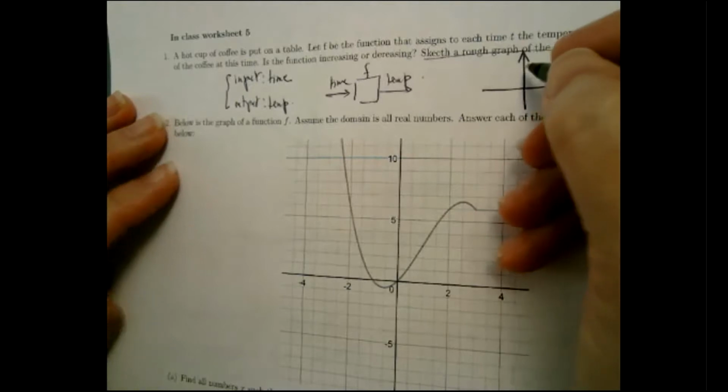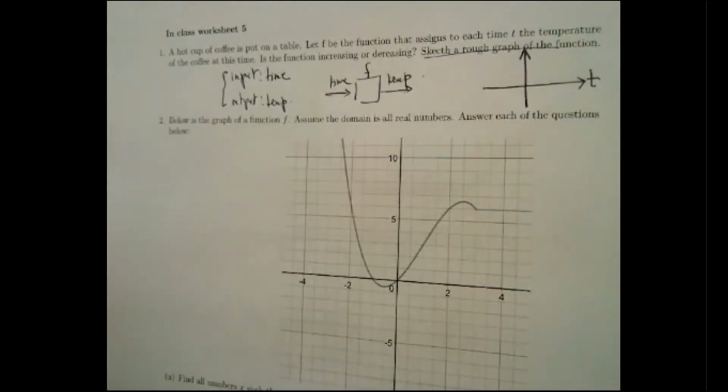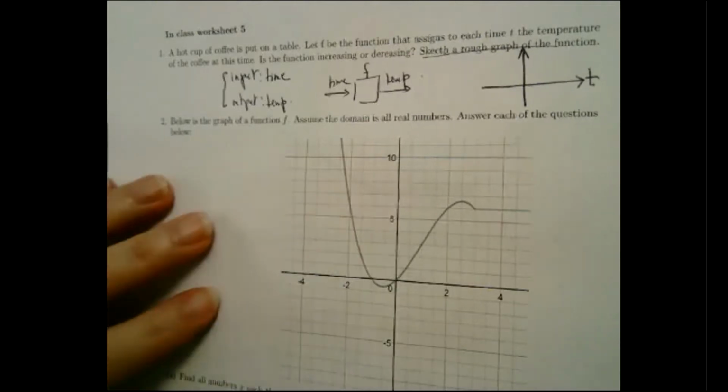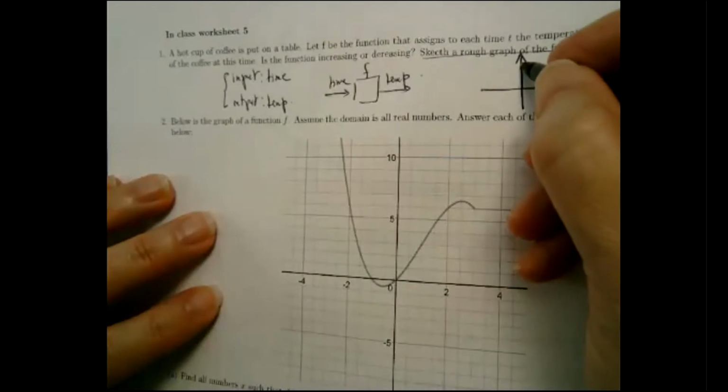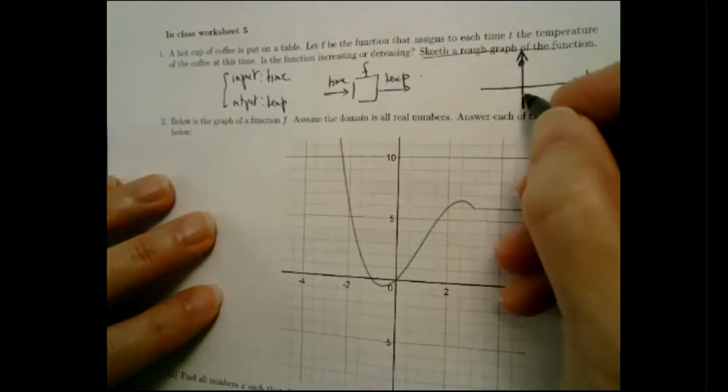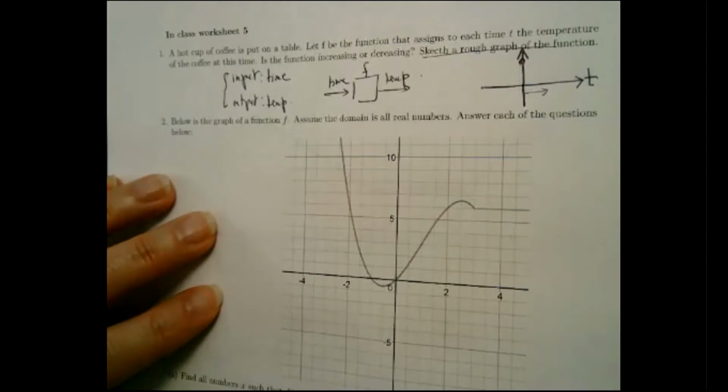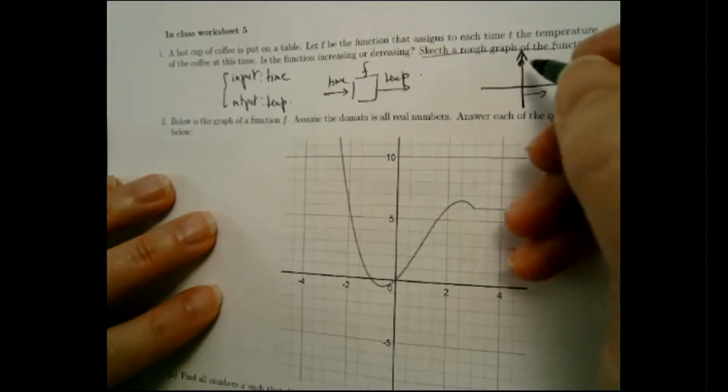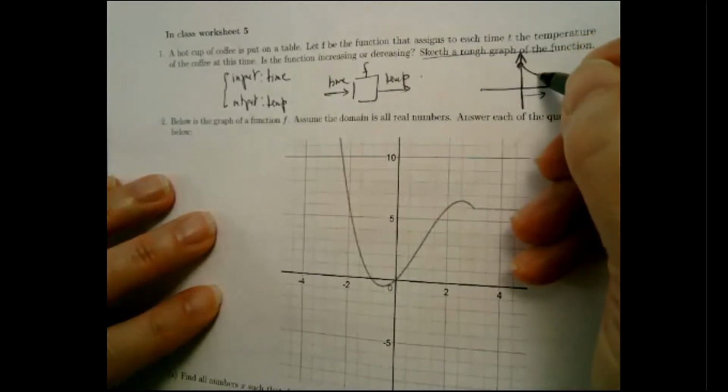So at t equal to 0, it means the minute I got my cup of coffee, I've just bought it, and it's very hot, I put it on my table. So originally it has a certain temperature. As time goes by, I assume the temperature of the coffee is going to go down, and the temperature will go down and down and down.